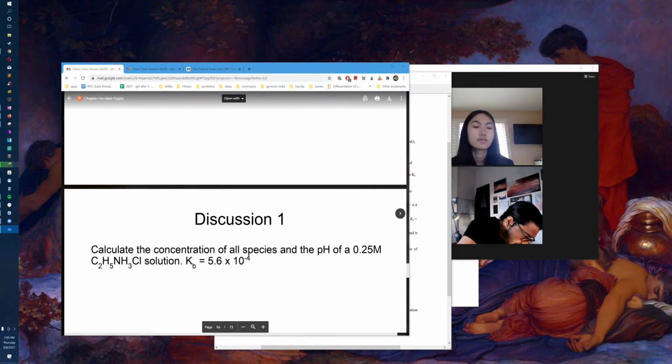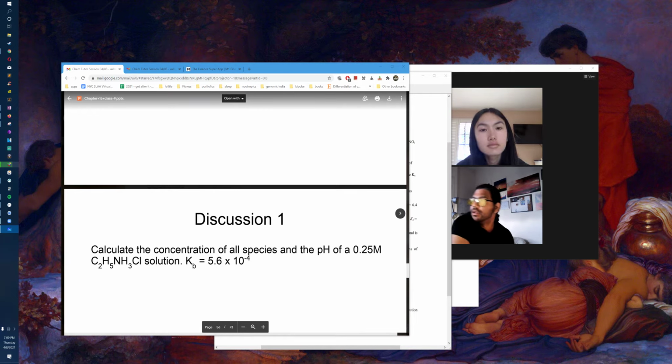Okay. So I'll do 3.6 E negative 3 squared over 0.1, and that'll be your answer, whatever that is. 3.6 squared is going to be greater than 9, less than 16.